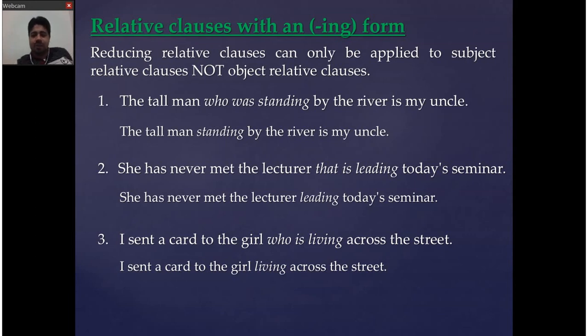Now, I have a point to make. I'm not suggesting that the sentences with a longer form are wrong. No, not in any possible way. I'm just suggesting that we can make them shorter. Both cases are correct, but it's up to you to make your sentences longer or shorter. Okay.